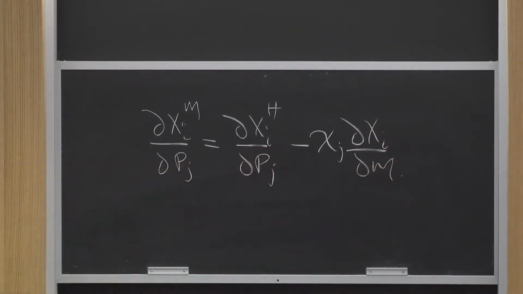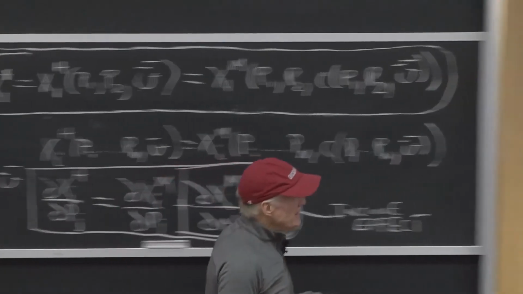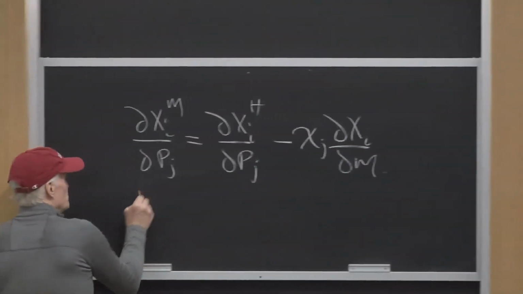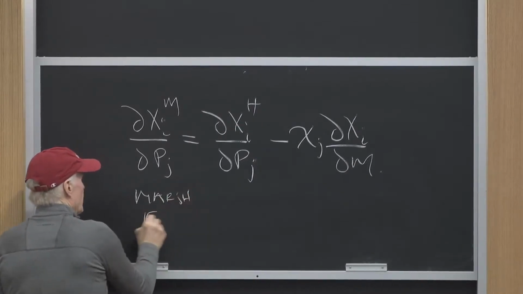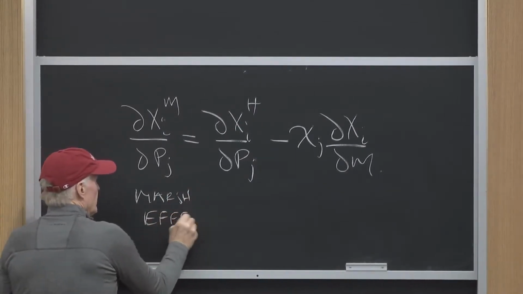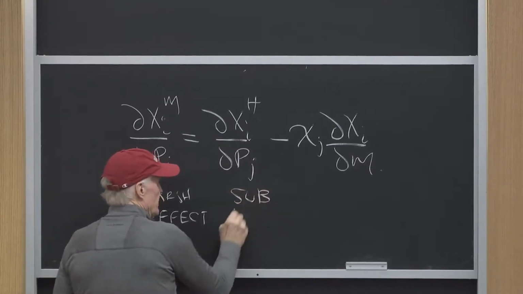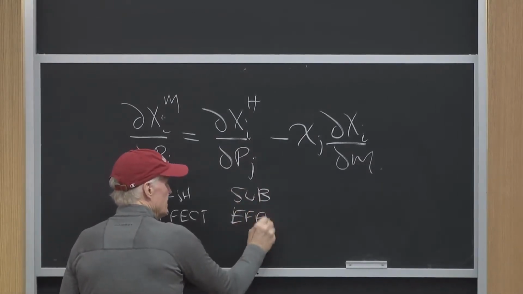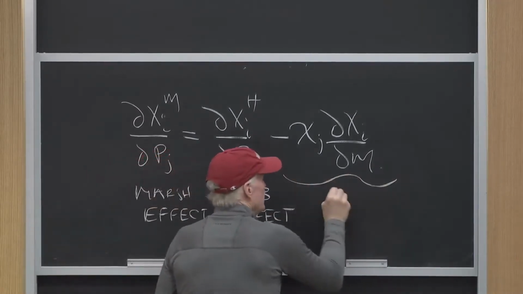So that's the rewritten version of the Slutsky equation, just moving this over to the other side. And it says, this is what we call the Marshallian effect. This is what we would call the Hicksian effect, which we often call the substitution effect. That is, holding income constant, how would this person respond? And this is what we call the income effect.